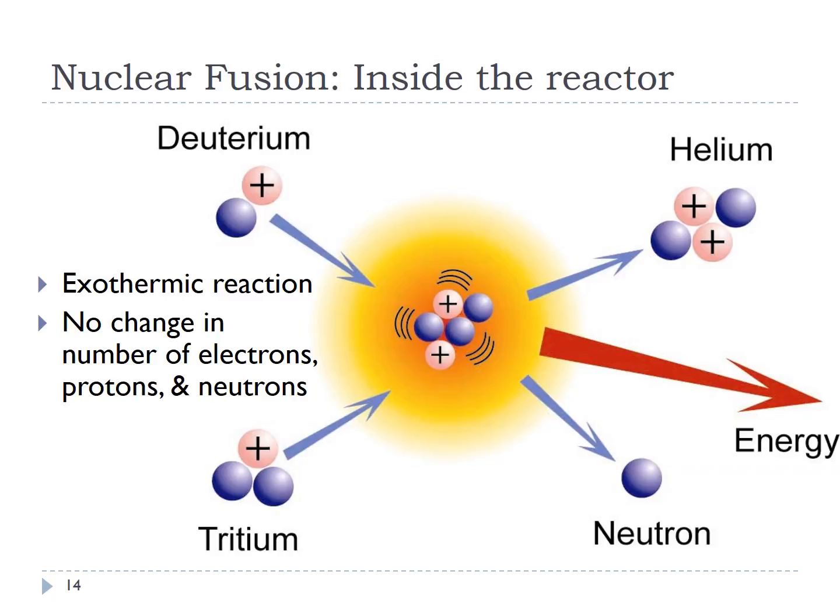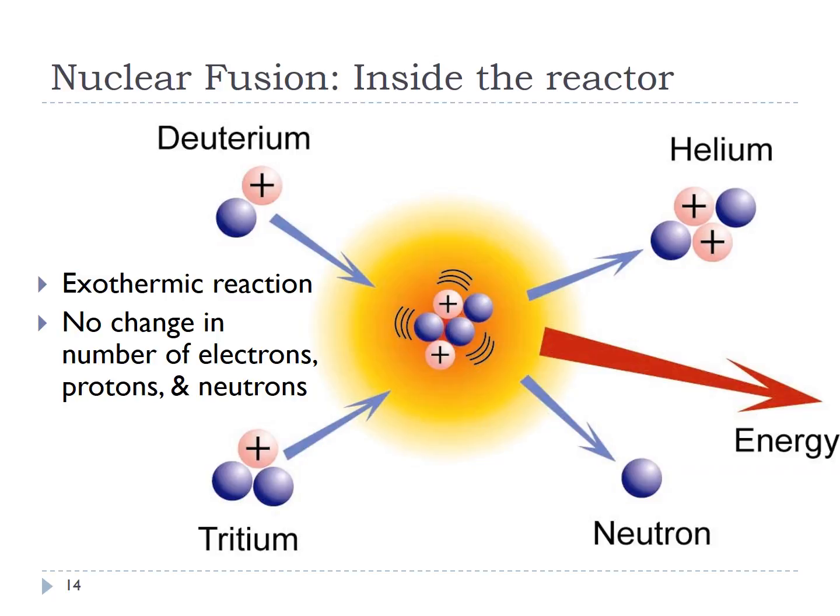Most of that energy is carried away by the neutron because you can think of conservation of momentum, right? The neutron and the helium are going to have roughly the same amount of momentum, which means they're going to have an unequal amount of energy. Most of the energy will be in the neutron, about 80% in the neutron, 20% in the helium.